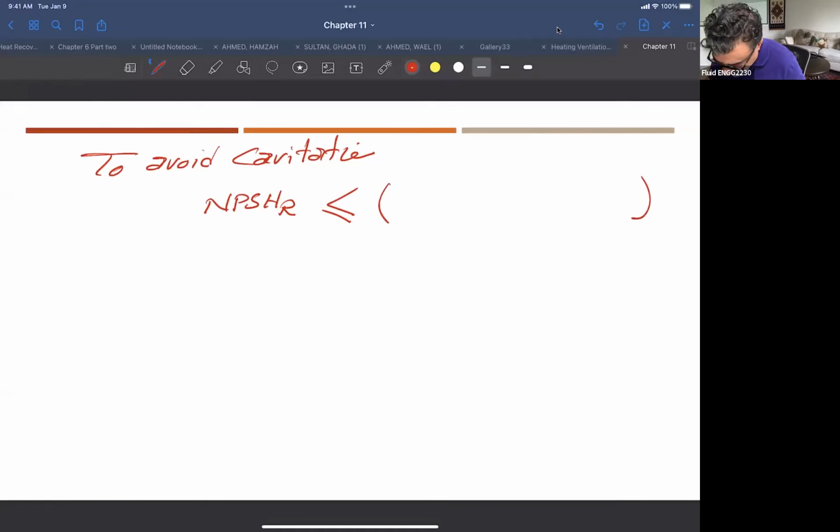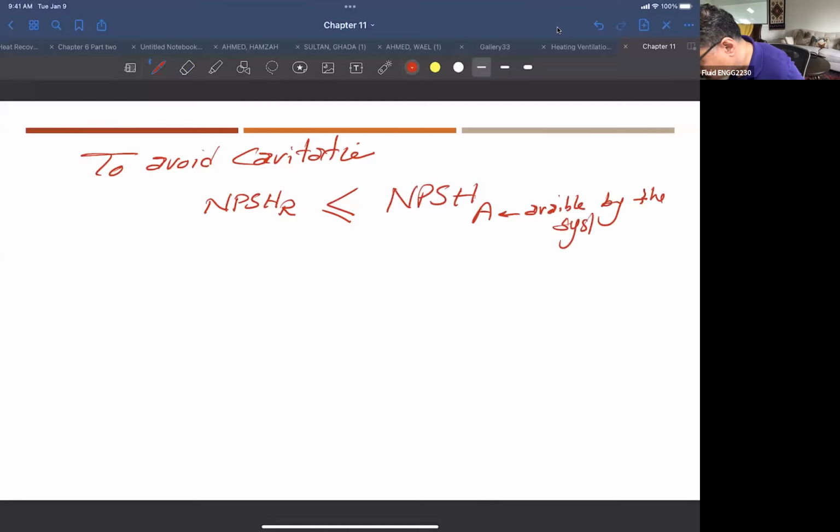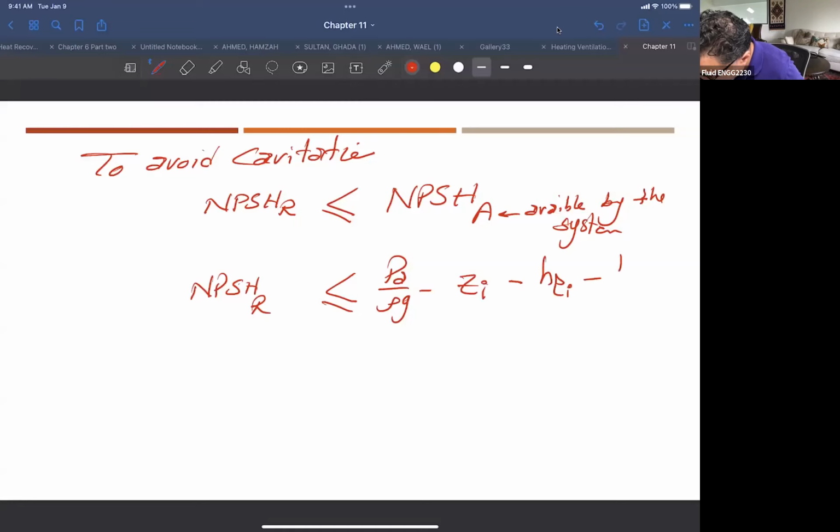Let me write it this way: net positive suction head available by the system, which is the atmospheric pressure minus ZI minus H loss at the inlet minus P vapor over rho g, right?